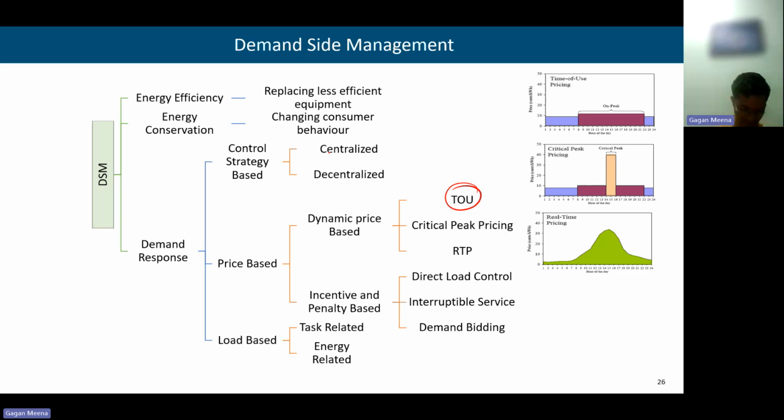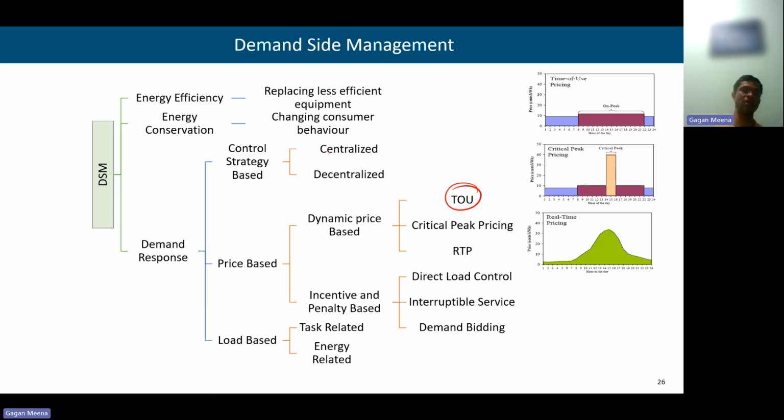If the distribution company has had to procure a much higher amount of electricity from the market, and that too during the peak hours, then their profit would reduce, or their cost would increase.